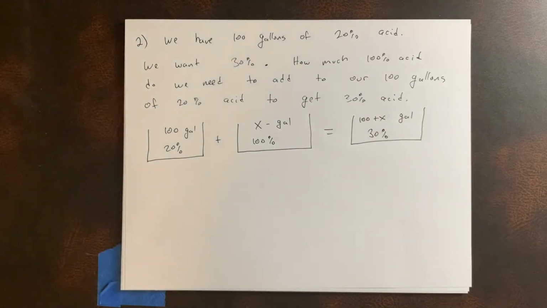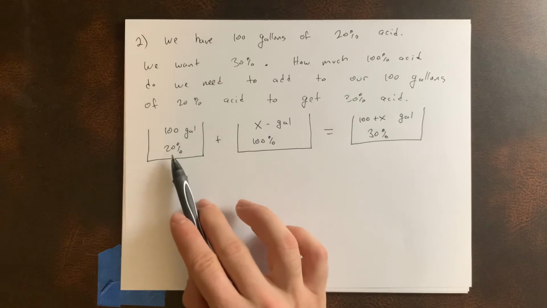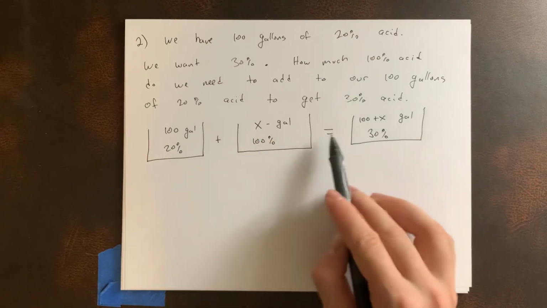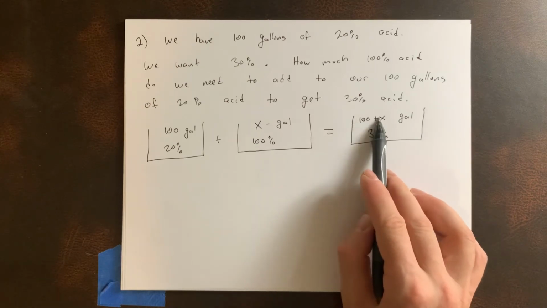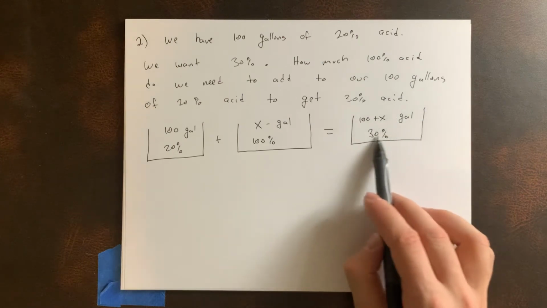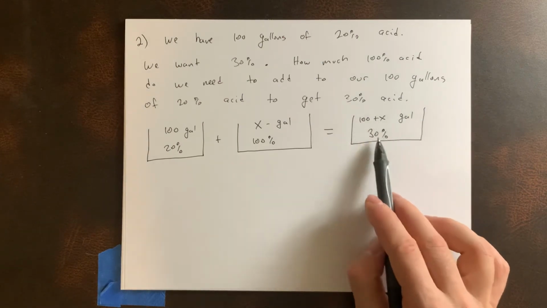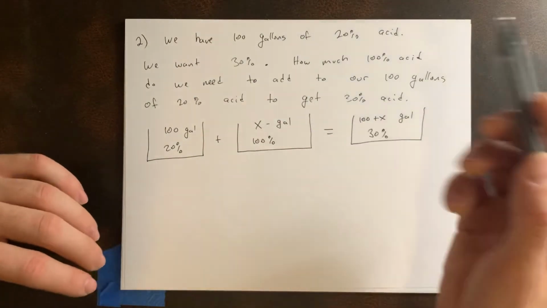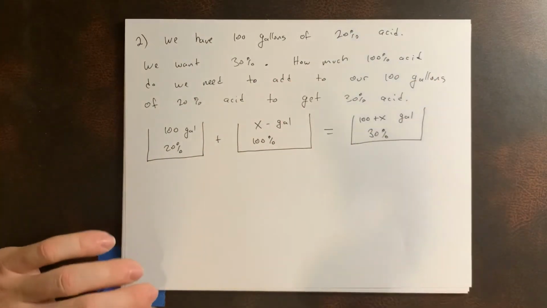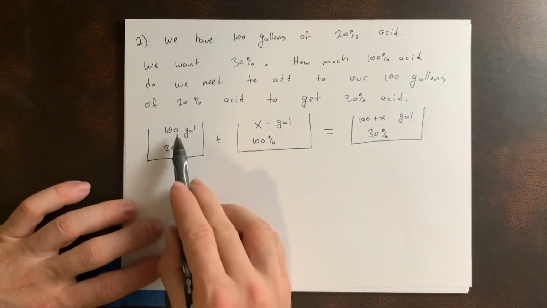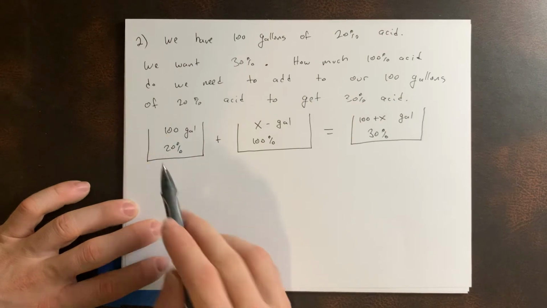Okay, so we were trying to find this X value. And here's the picture. We have 100 gallons of 20%. We're adding X gallons of 100%. So that means our resulting solution is going to be 100 plus X gallons, because we have this 100 and we're adding this X to it. And we want it to be 30%. So we want to choose this X value that makes this 30%. So now let's put this into an equation. Whenever we have these acid problems and you set up this little drawing, the way we find X is we start by taking 100 times 20%.